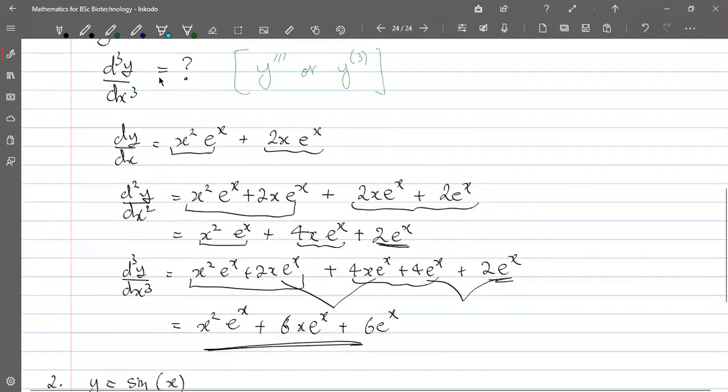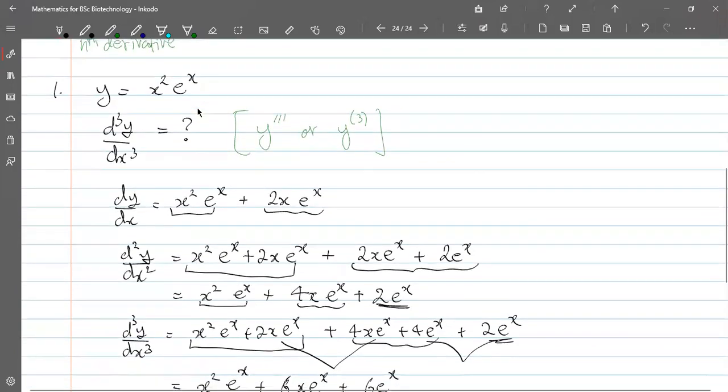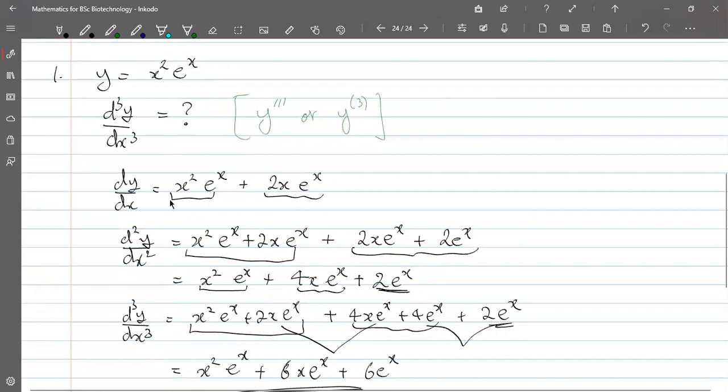So you start with the given function. Here that is x square e to the power x. Then differentiate that to get this. This is just product rule. Now differentiate it again. But when you're differentiating, forget that it's the derivative of this function. Just consider this as a function all by itself and think of how you will differentiate it.